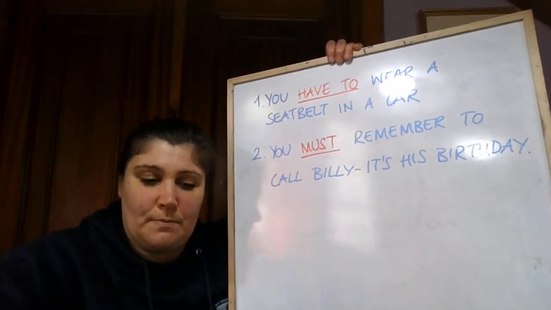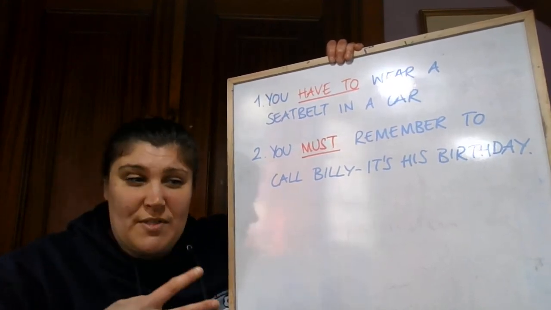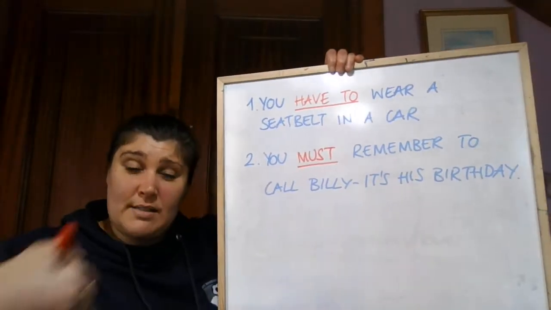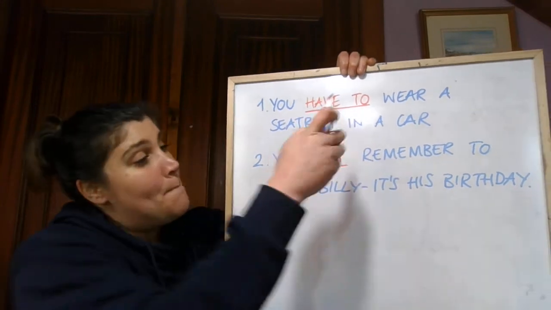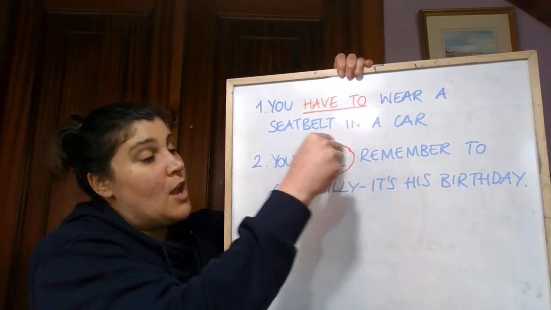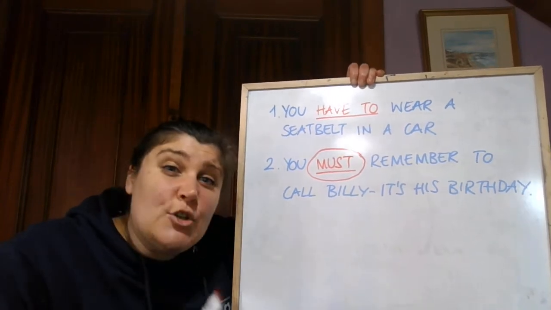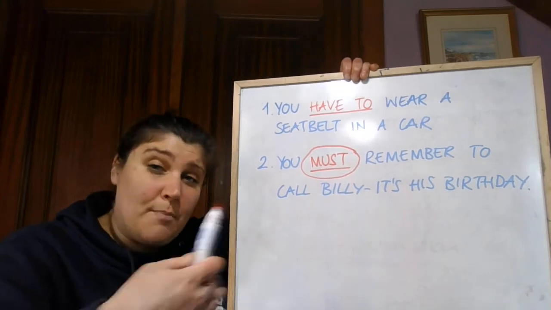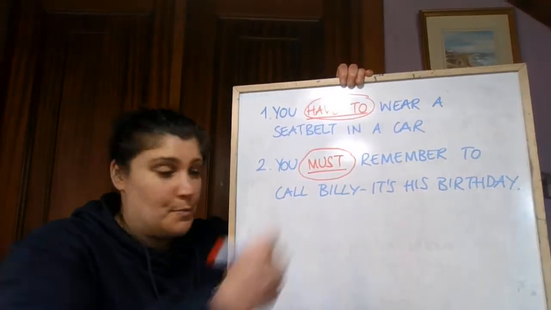personal obligation. All right? Now, the other difference with these two is how we use them in the past, the present, and the future. Okay? Now, must only exists in the present. It's not possible in the past or the future. So in the past and the future, we use have to.